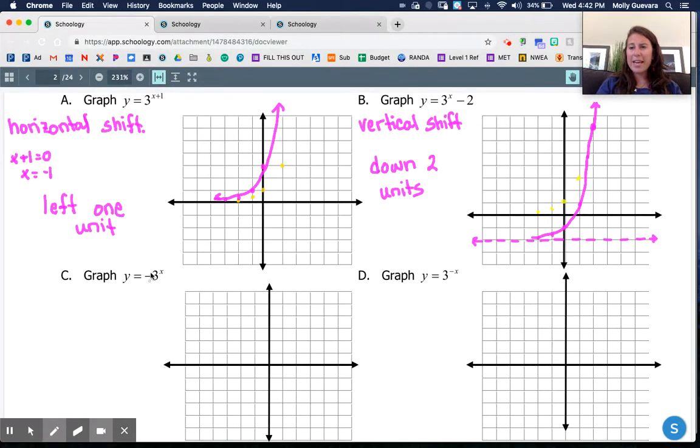When I have a negative out front, just like with parabolas, this is an x-axis reflection.